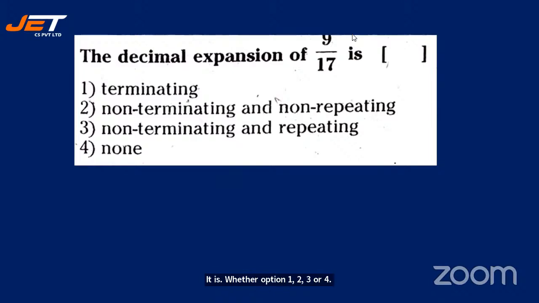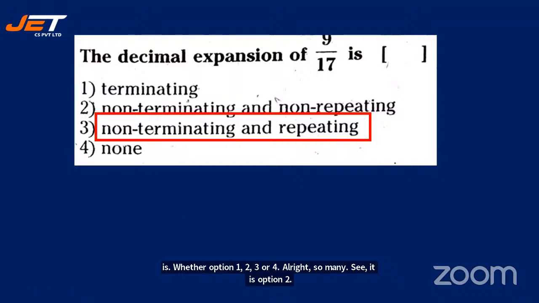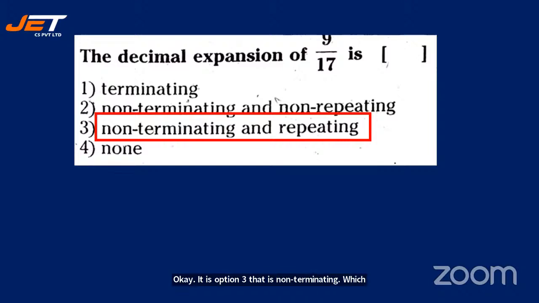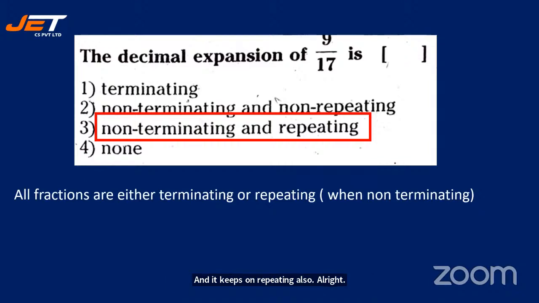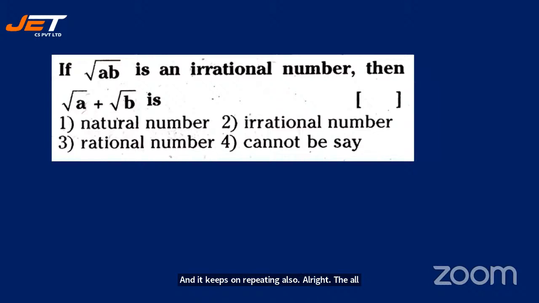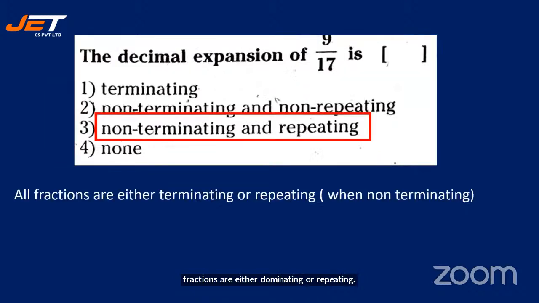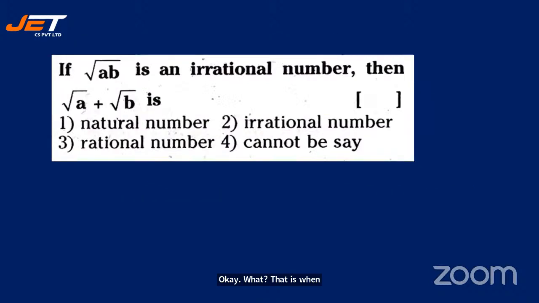All right, many say it is option 2. Okay, it is option 3, that is non-terminating, which means it is never ending, it keeps on going and it keeps on repeating also. All right, see, all fractions are either terminating or repeating. Okay. All right, see the next question.